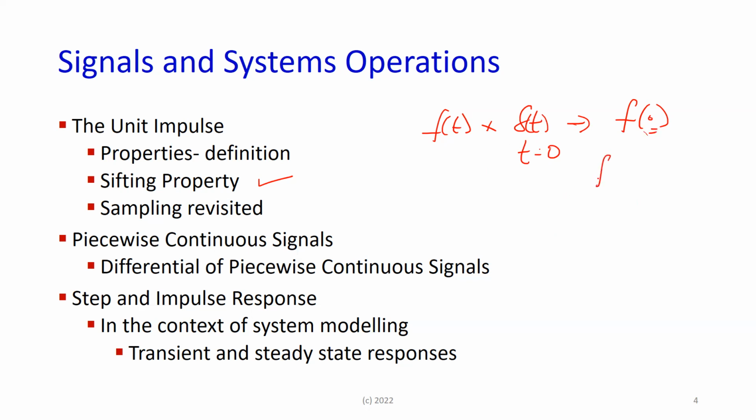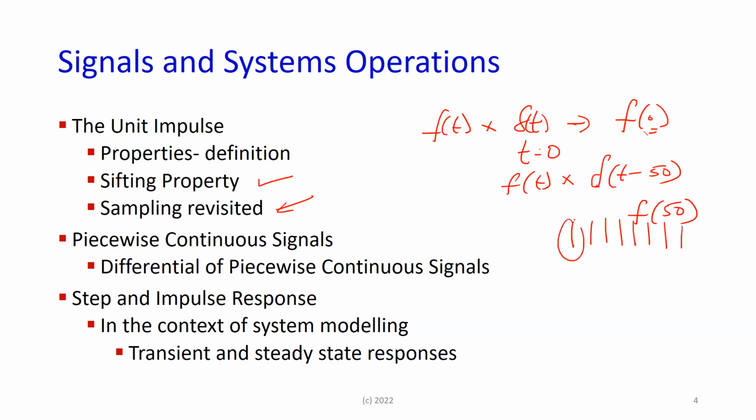Similarly, if you put the impulse at some point in time, t equal to 50, and I multiply f(t) by that, it's going to give me the value of the function at t equal to 50. And we used that to talk about sampling, where we said, okay, if I could find a series of impulses spaced in time uniformly, each of them is going to extract a single value of the function.